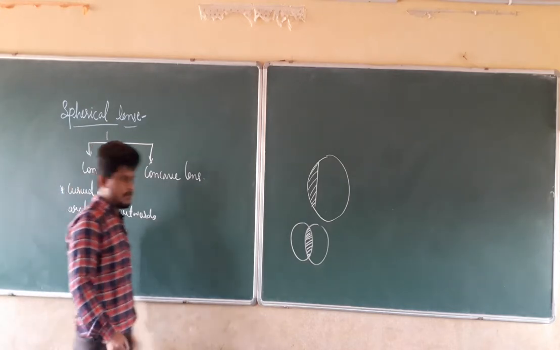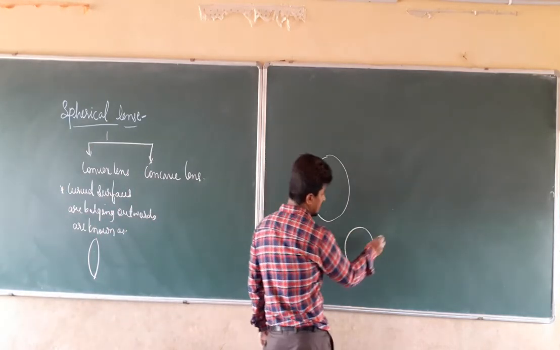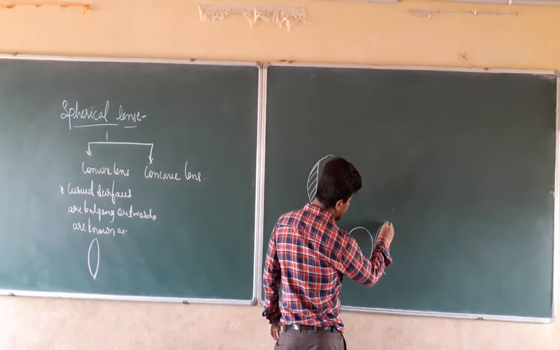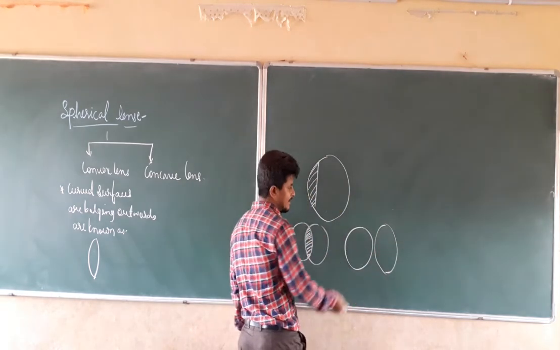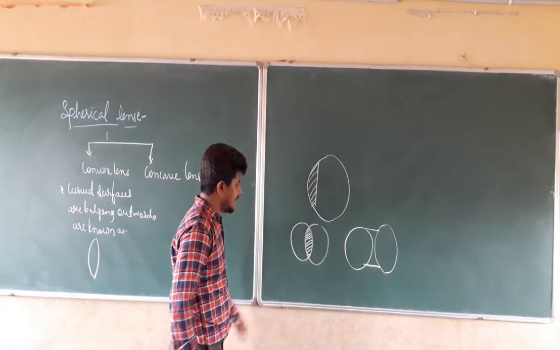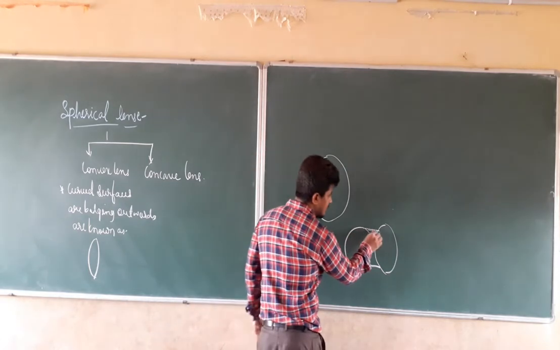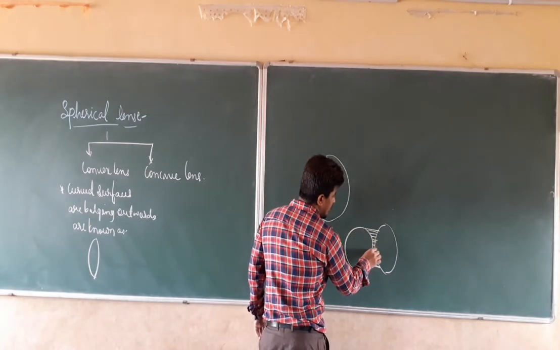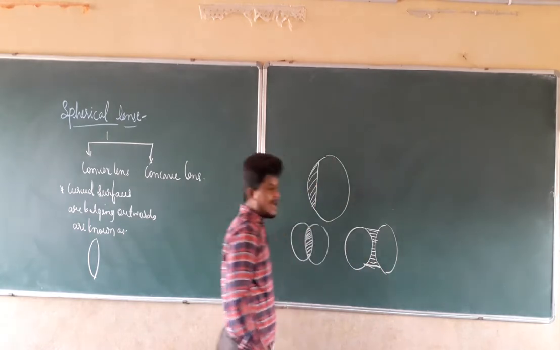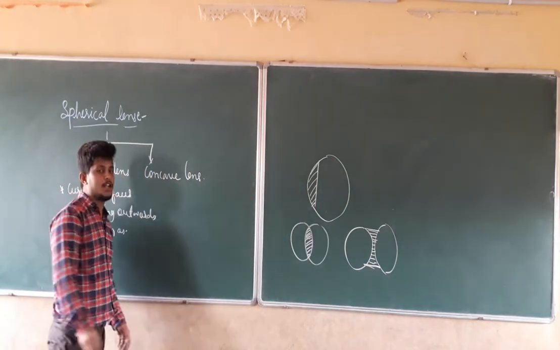In the same manner, take another sphere, cut it, and join the parts together like this. This is a transparent medium made of glass. If the bulging is inverse, then we call it a concave lens.